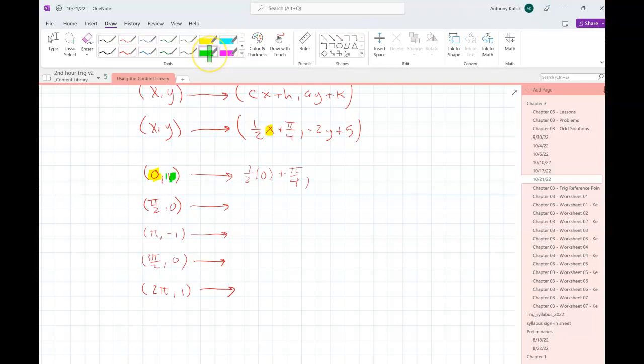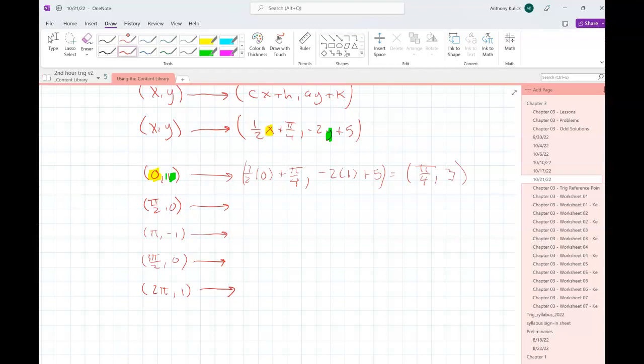And then I'm going to take the y and plug it in. What's 1/2 times 0? 0. What's 0 plus pi over 4? Pi over 4. What's -2 times 1? -2. What's -2 plus 5? 3. If you're not sure, you can double check those things on your calculator.